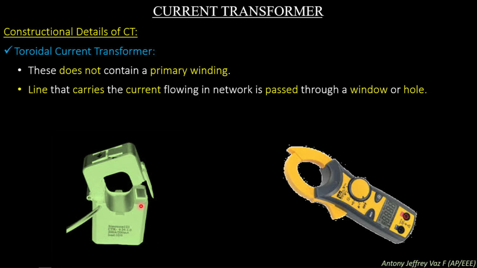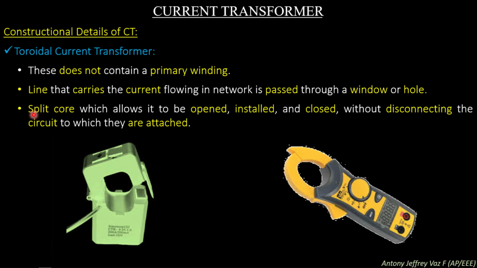This is the toroidal current transformer, and it has a hole present in it, and the line that carries the current which is to be measured should be passed through the hole in the toroidal core so as to measure the current flowing in the primary winding of the current transformer. These toroidal current transformers have a split core which allows it to be opened, installed and closed without disconnecting the circuit to which they are attached.